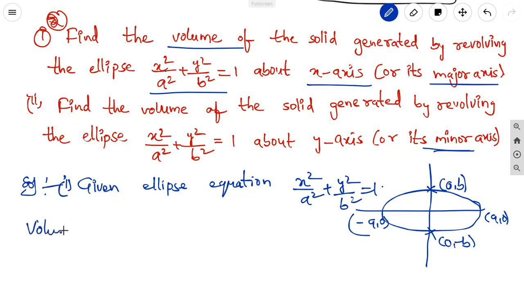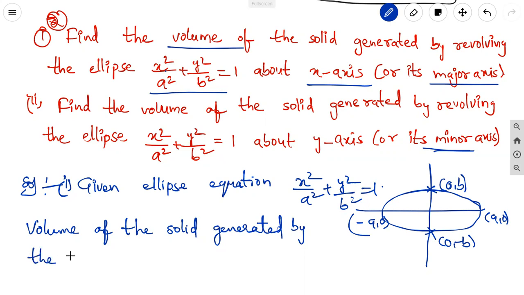Volume of the solid generated by the curve ellipse about x-axis.